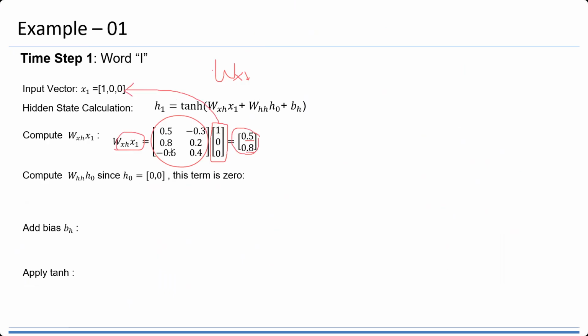After this, we will compute the hidden state. For the hidden state, we use the WHH. So this is the weight to calculate with the hidden state. Because the H0 is 0, 0, every value multiplied by 0 will be 0.